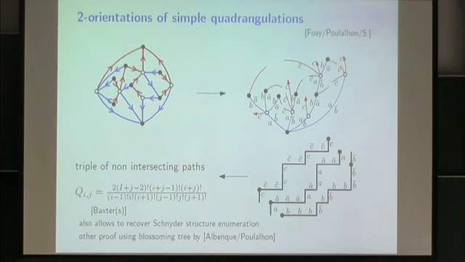And also, you have other proofs of this result, other bijections. In particular, there is a nice one which is based on these blossoming tree ideas that Marie discussed on Monday, which actually is maybe even simpler than this one.